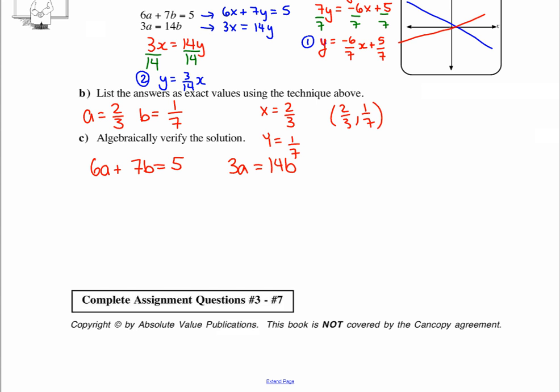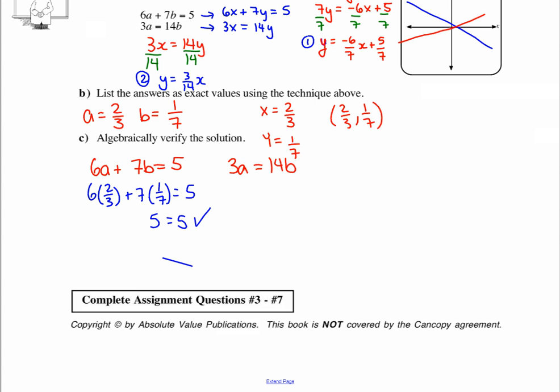So I'm going to verify with both equations. 6 times 2/3 plus 7 times 1/7. Did I already type that in my calculator? I did. So do I know that this equals 5? I do. I just have to show my check because you're going to get marks for your check. You can type it in your calculator and just show me left 5 equals 5.